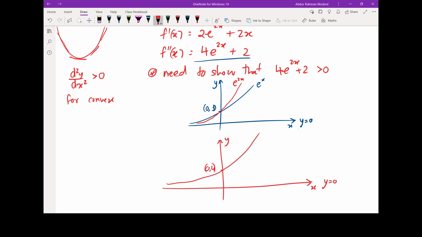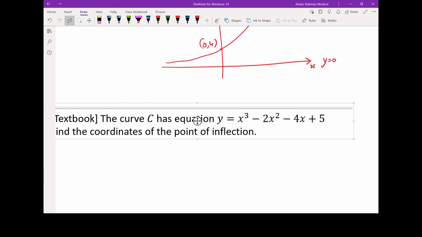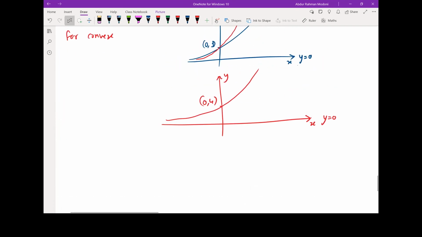Okay, going through 0, 4 there, let me make that a bit clearer. Then what are we doing? We are translating it up by 2. So let's apply the next transformation and see what that does. Y equals 0, the asymptote, now becomes y equals 2. 0, 4 now becomes 0, 6.